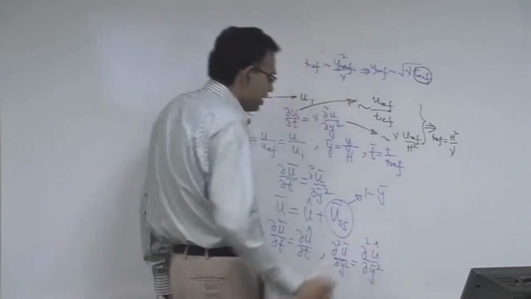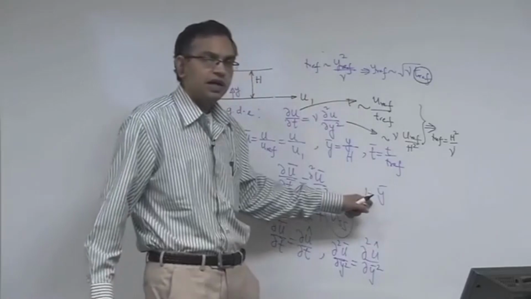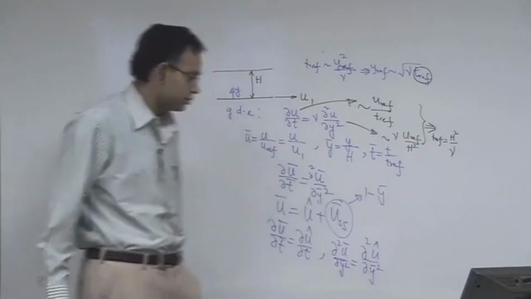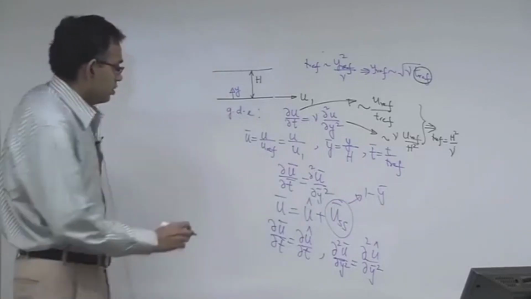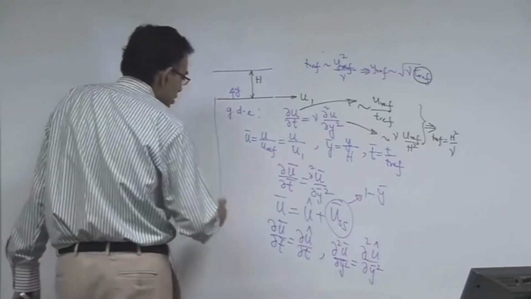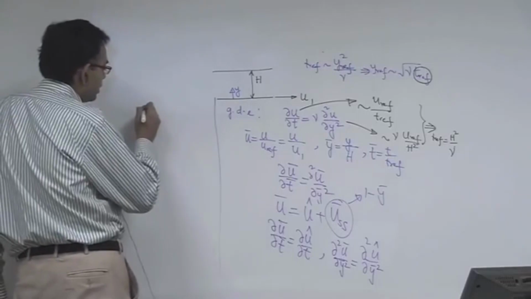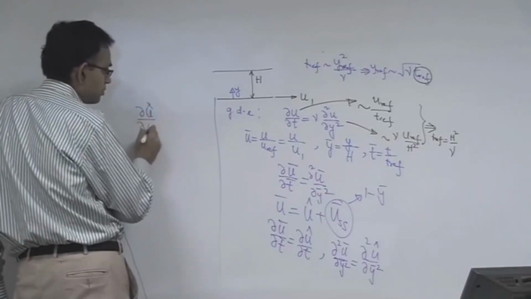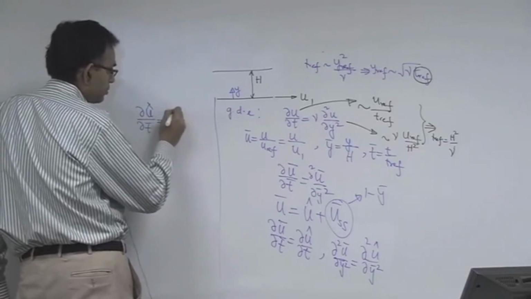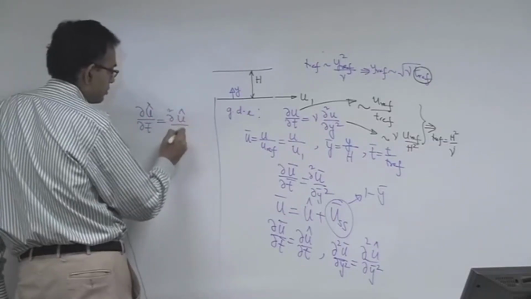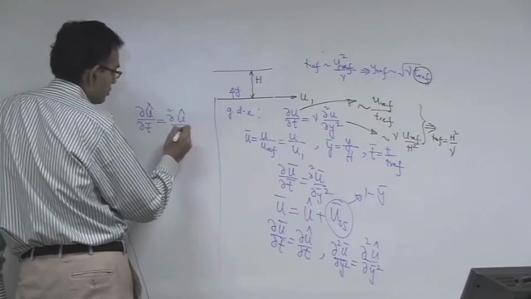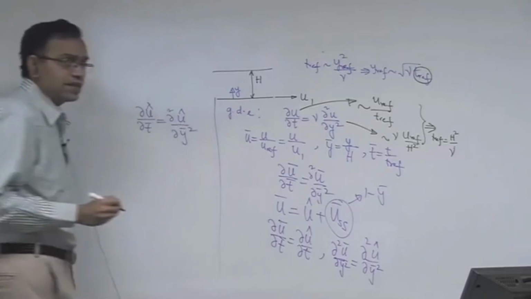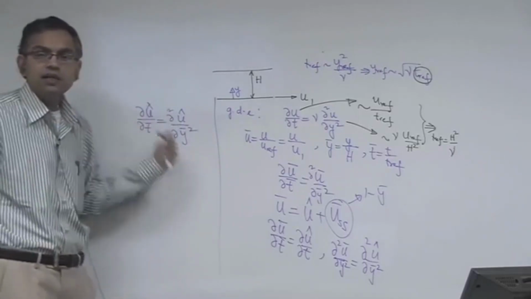The reason is that u steady state, although a function of y, has its second derivative with respect to y equal to 0. So, that means the unsteady state governing equation remains the same if we write it in terms of the unsteady part of the solution.